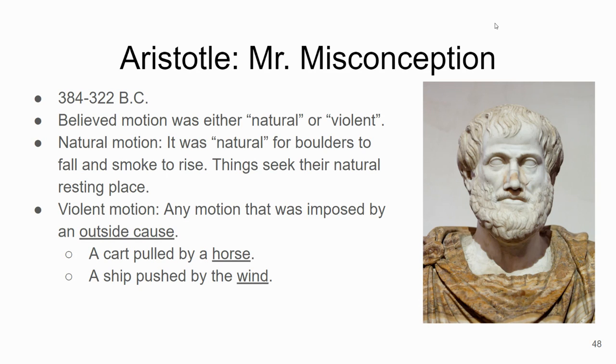So if you want the cart to move, you need to impose a force on it, or your horse needs to impose a force on it. The horse needs to impose violent motion on the cart. This is what Aristotle believed. And a ship, it's in the nature of the ship to just sit there on the water. So if the ship's going to move, well, according to Aristotle, you must impose violent motion on it with wind or with oars or something like that. Those are his ideas about motion, and these ideas are wrong, but this is what he thought.